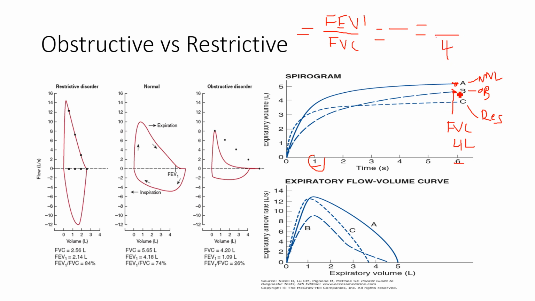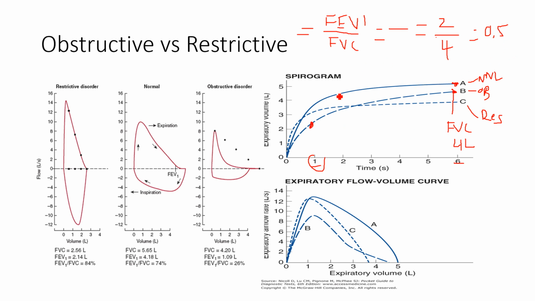So where do they get out at 1 second? We're going to follow this line. They got out at 1 second about 2 liters. 2 over 4 equals about 0.5. So that would be less than normal.